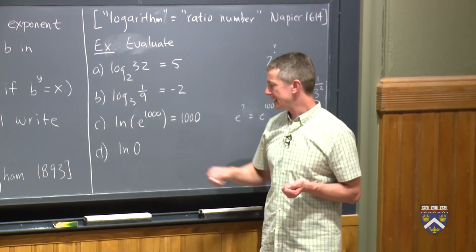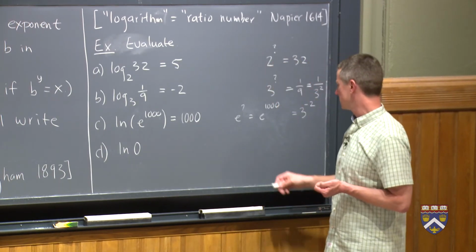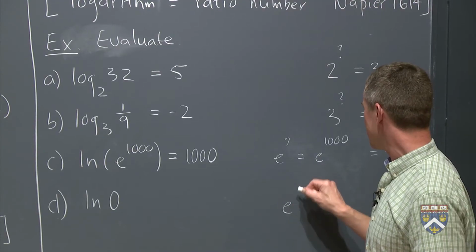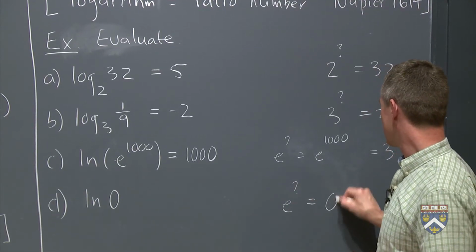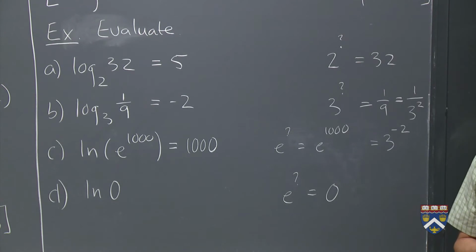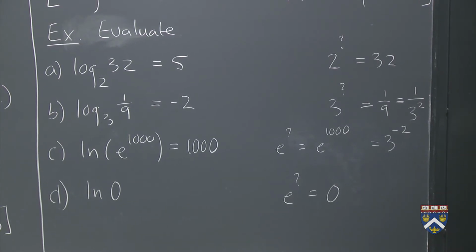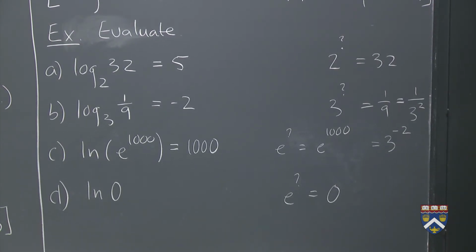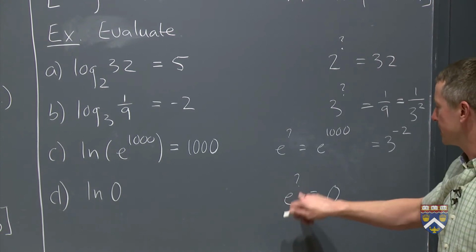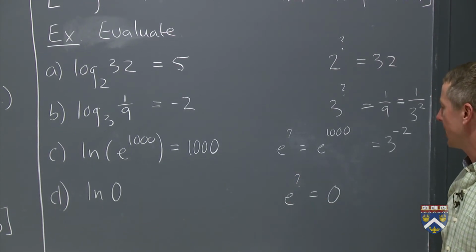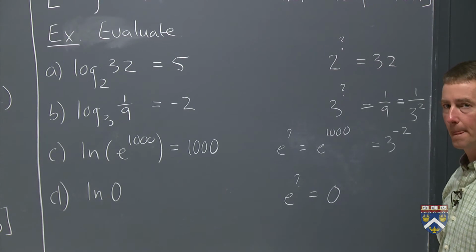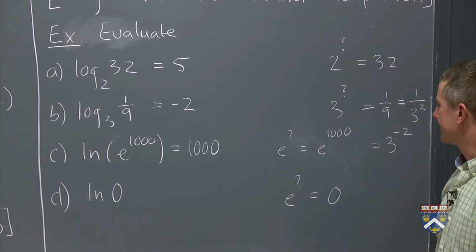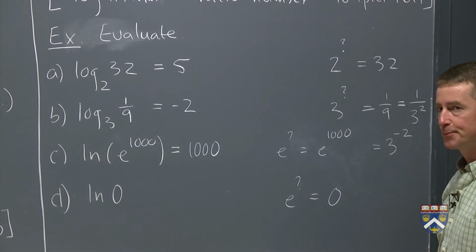Let's do one last one. Natural log of 0. So that's saying e to the what will give me 0. Remember, e is a number between 2 and 3. So we're saying, to what exponent can I raise a number between 2 and 3 to get 0? Is that possible?